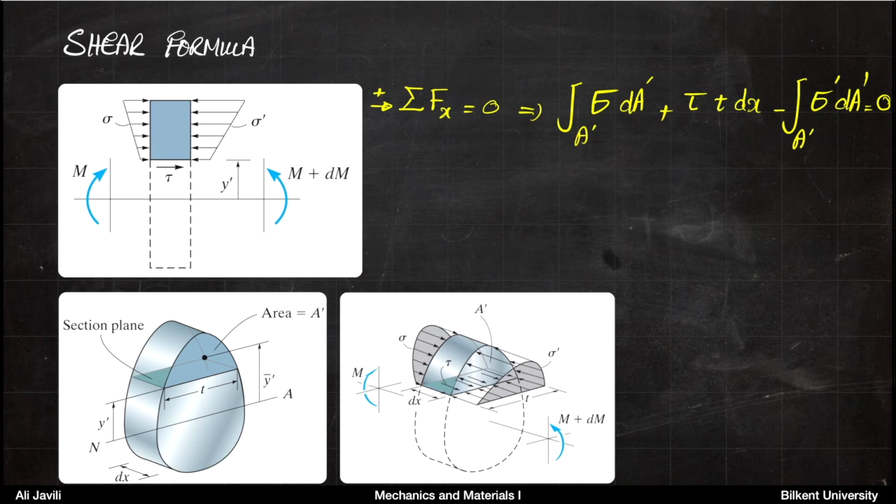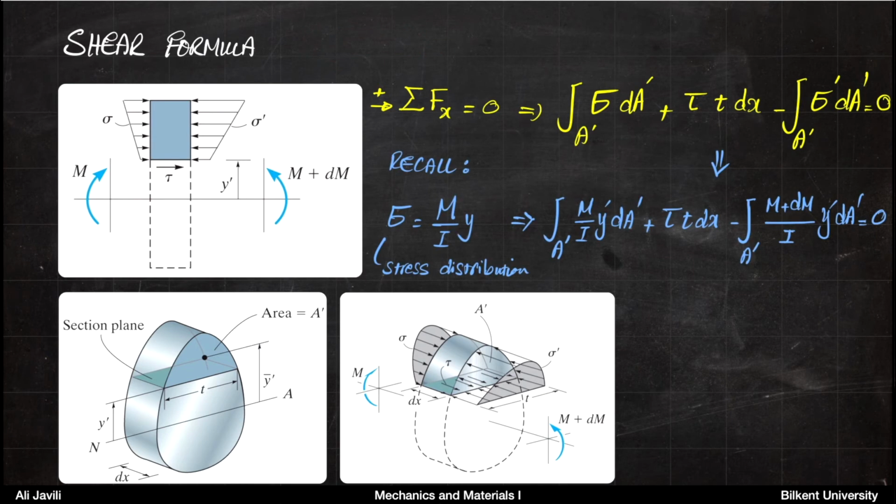The next thing we want to do is to use our flexure formula from our bending analysis. If you remember, we had the relation sigma equals My divided by I, which basically tells you that the stress distribution is linear and it's 0 at the neutral axis.